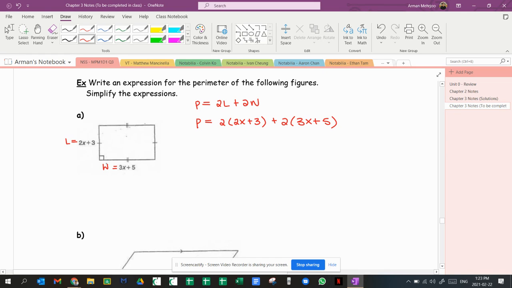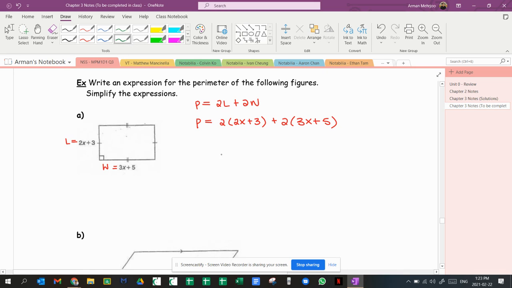So I had some equations for my length and my width, and I plugged them or substituted them into my equation. That's going to be a really important tool in your math problem solving box. You guys are going to do a lot of substituting as you keep going into the upper grades, so grade 10, 11, 12. It's a fundamental skill. All right, let's keep going.